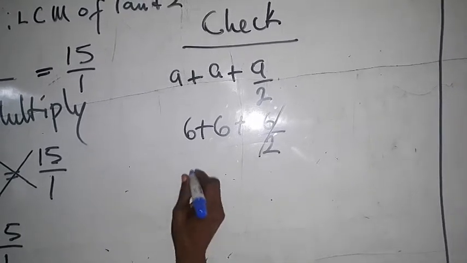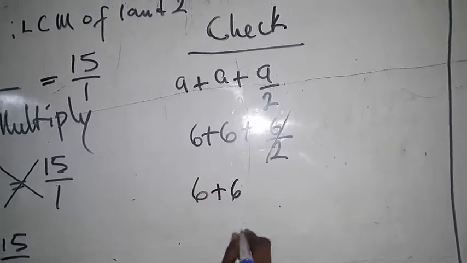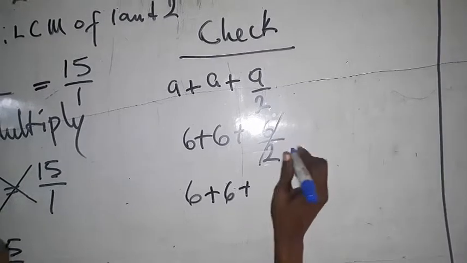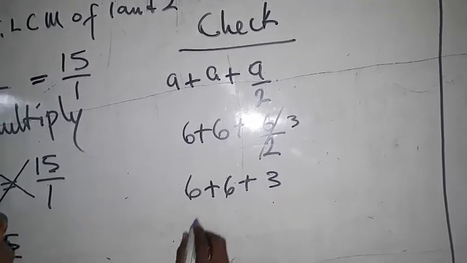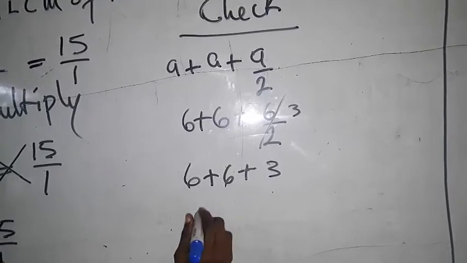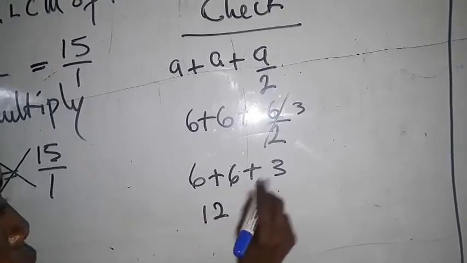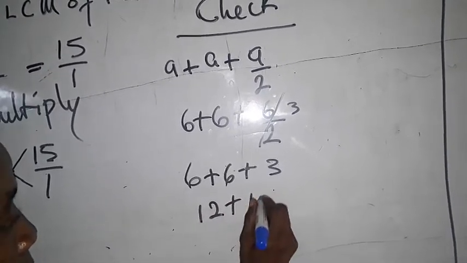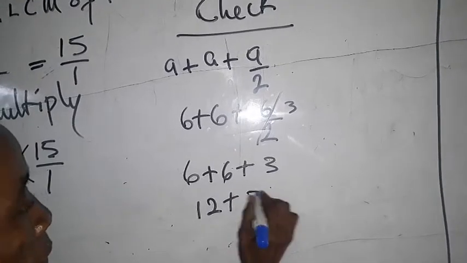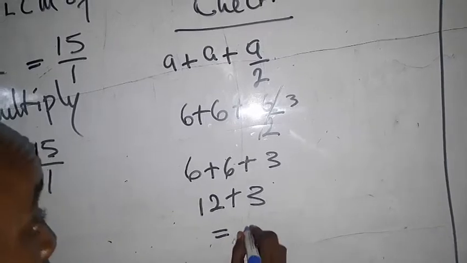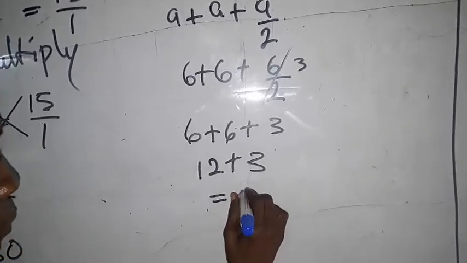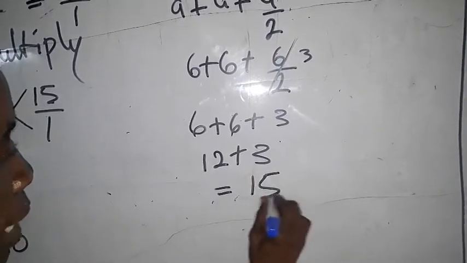So this one will now be 6 plus 6 plus 3. 6 plus 6 is 12. 12 plus 3, 15. 15 is the answer. The equation is balanced already. So you now know it's 15 that we have there.